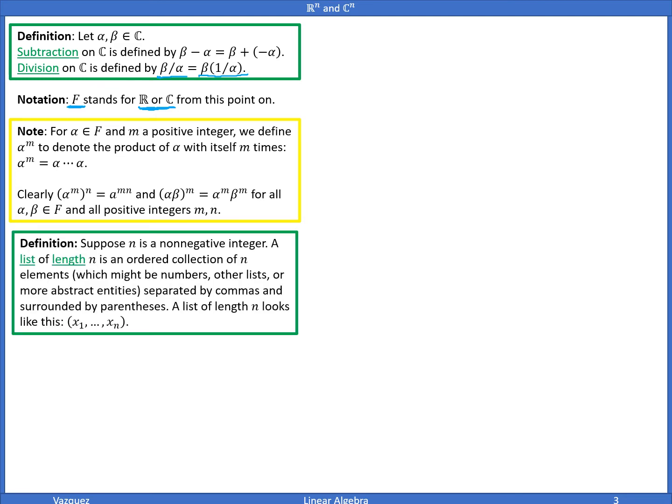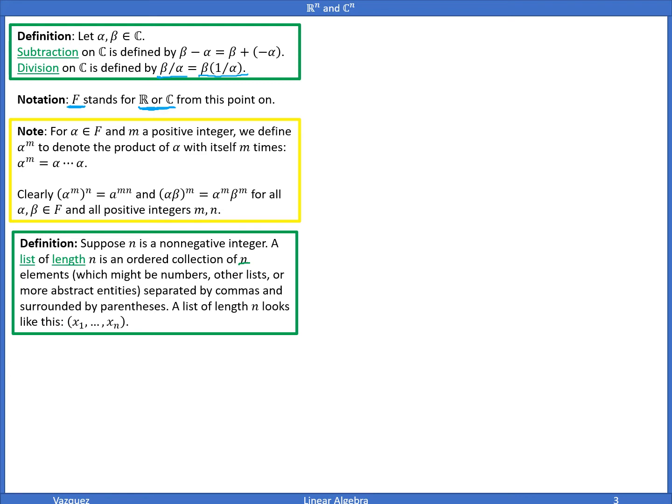And now we're going to define what a list and length are. Suppose n is a non-negative integer. A list of length n is an ordered collection of n elements. Here I put parentheses because they might be numbers, they might be other lists, or maybe even more abstract entities.